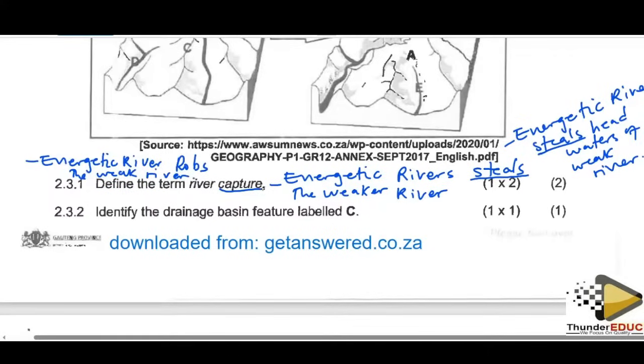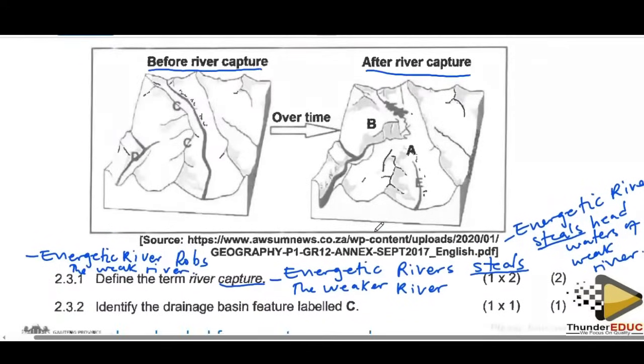All right, so 2.3.2, they say identify the drainage basin feature labeled C. This is a feature C here. As you can see, a feature C, which is going to be what? You can see we have this other stream here, we have this other stream.